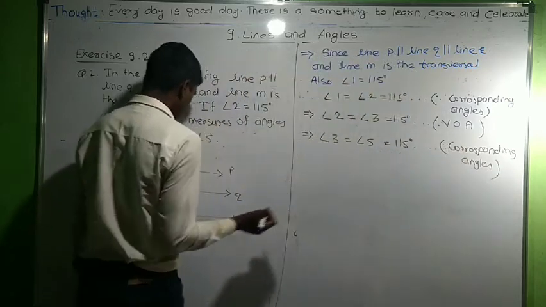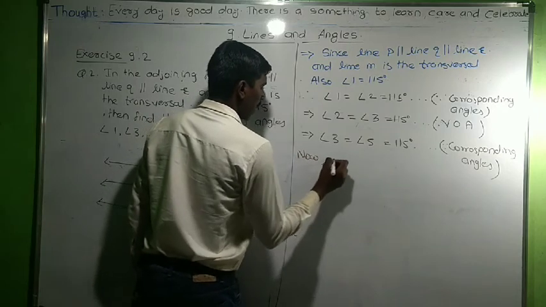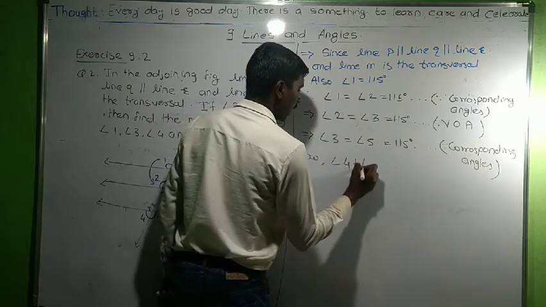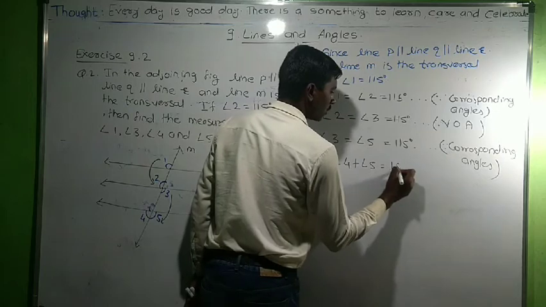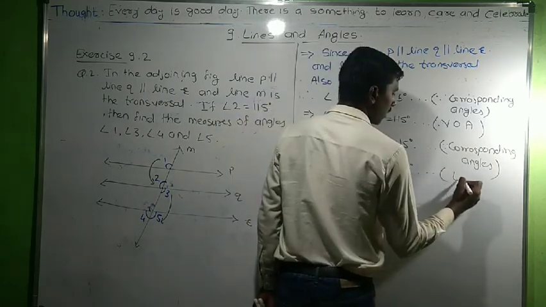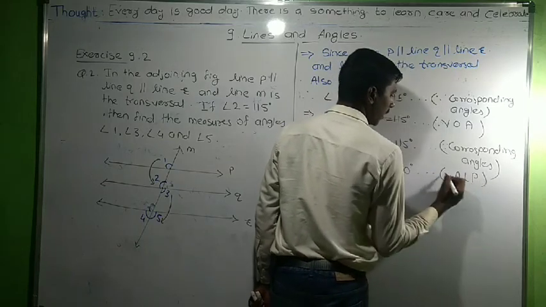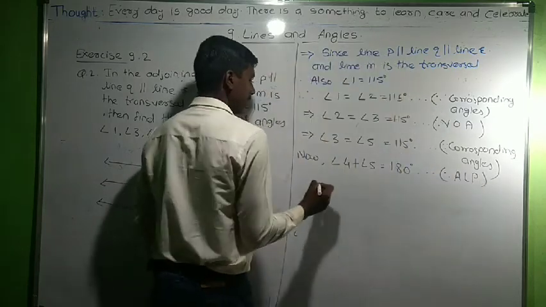And now the last question that remains, angle 4. Angle 4 plus angle 5 is equal to 180 degree. The reason is linear pair: angles in a linear pair are supplementary.